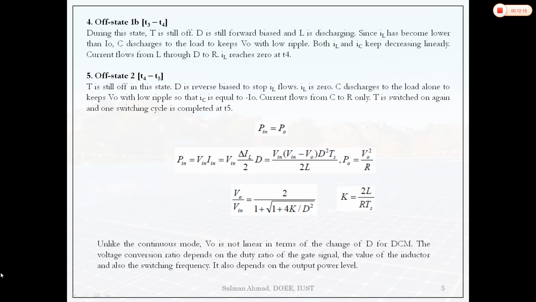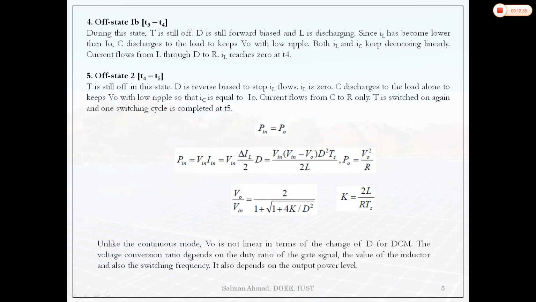Okay, so here you can see that the output input relationship is not a linear function of duty cycle. Okay, here it is non-linear. So unlike the continuous mode, V naught is not linear in terms of the change of D for discontinuous mode of operation.